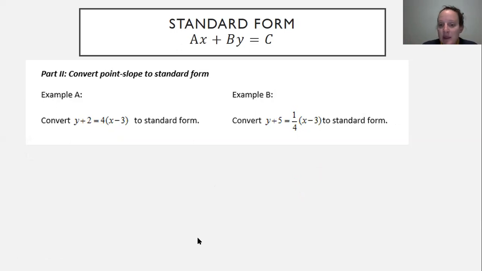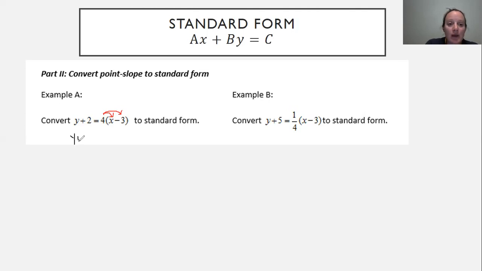Okay, so let me come back here. I was all ready to jump into word problems. So point slope form is going to be very much the same, except you have this extra step right here. You have to distribute, and then everything else will be the same.